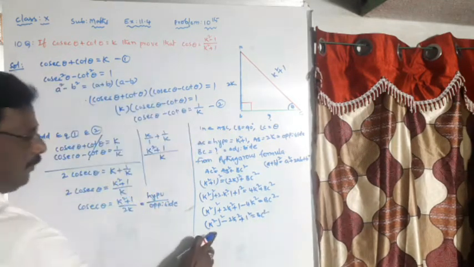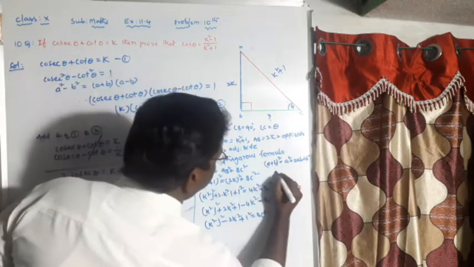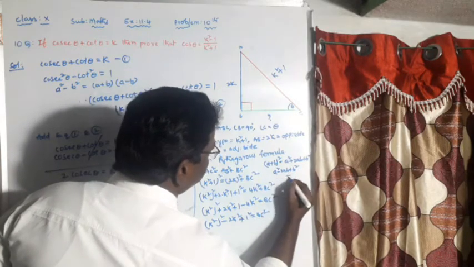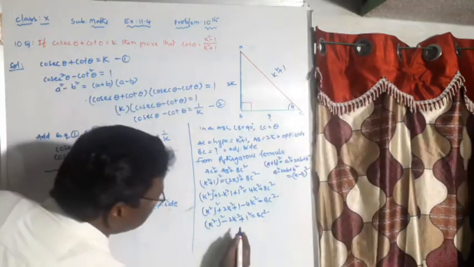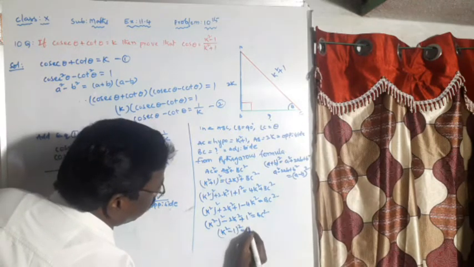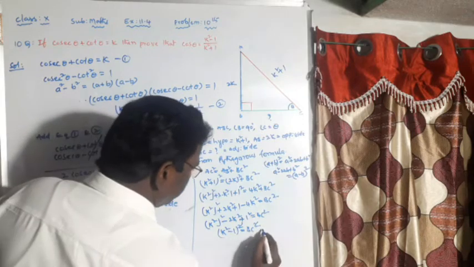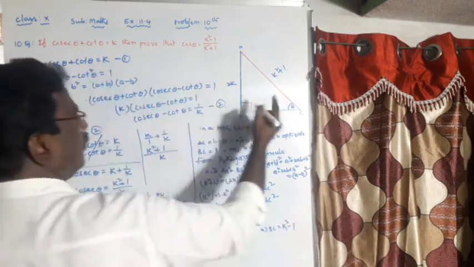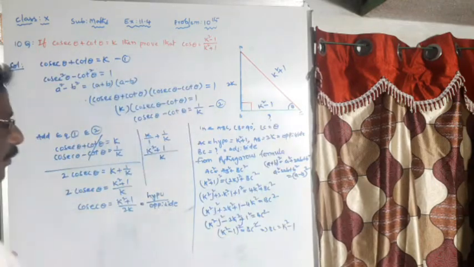This is in the form of a square minus 2ab plus b square is equal to a minus b whole square. Now a minus b whole square means k square minus 1 whole square is equal to BC square. Now both sides square cancel. You have BC is equal to k square minus 1.